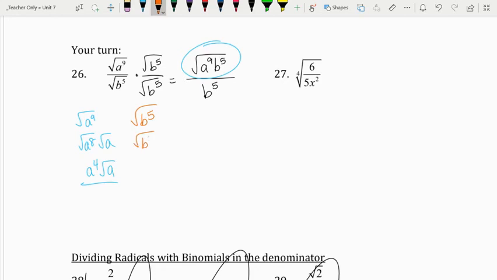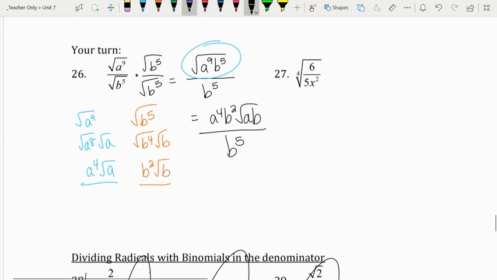I need b to the fourth and then b, which gives me b squared root b. So if we write that out, we would end up getting a to the fourth, b squared, square root of ab over b to the fifth, which then needs to simplify with our b squared. Subtract them, we get 3 in the denominator because that's where the larger one's at.